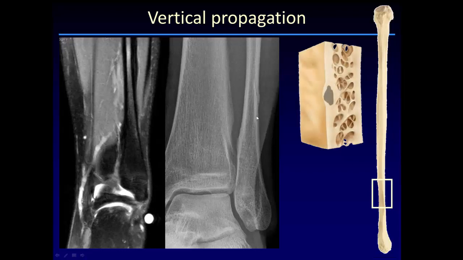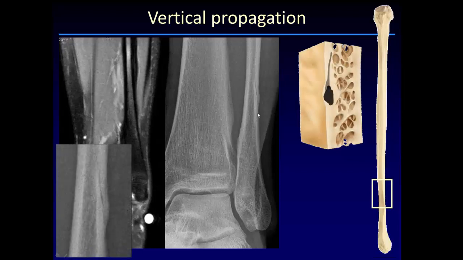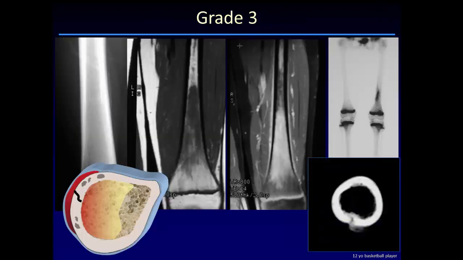I'll illustrate an example for you in a child that came in who's the son of one of our orthopedic surgeons, and he had this periostitis found on his femur. Here's the MR showing intense edema, but we could not see a fracture line.